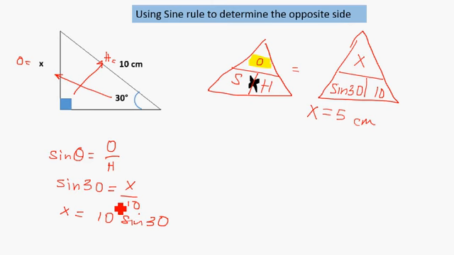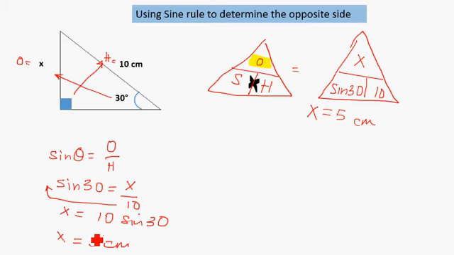We can multiply 10 across and take it up on the other side, so x is again equal to 5 cm. This is a very simple example. It will be applicable to any sine rule question where we need to find the opposite side.